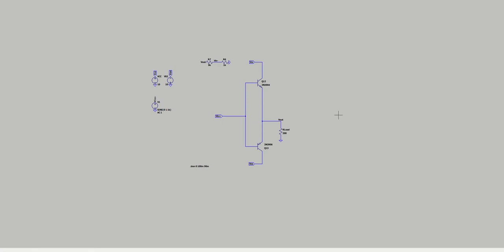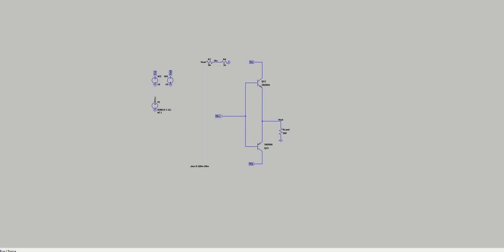And we'll see that on the output. And then once it swings low and goes down into the negative portion of the cycle, it's going to turn this transistor off and turn this one on, and then you will see that on the output. So both transistors are switching on and off for 50% of the cycle.